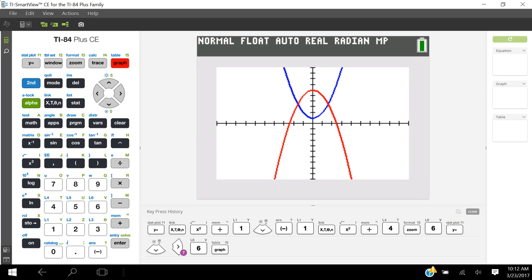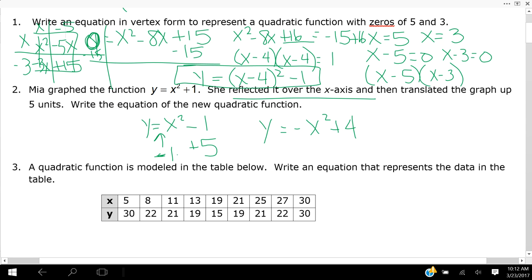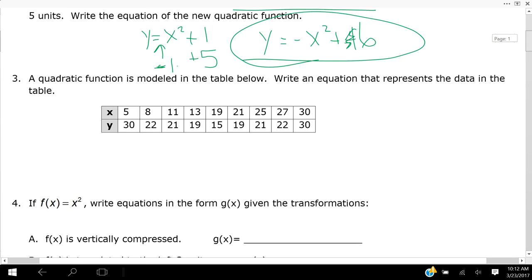Okay, so now it's reversed and it went up 1, 2, 3, 4, 5. Oh my gosh, I'm so glad I checked that on my calculator because it's not plus 4, because it's not minus 1, it's plus 1. And this is plus 6. Oh, I'm so glad I checked. Okay. Boy, those calculators come in handy.